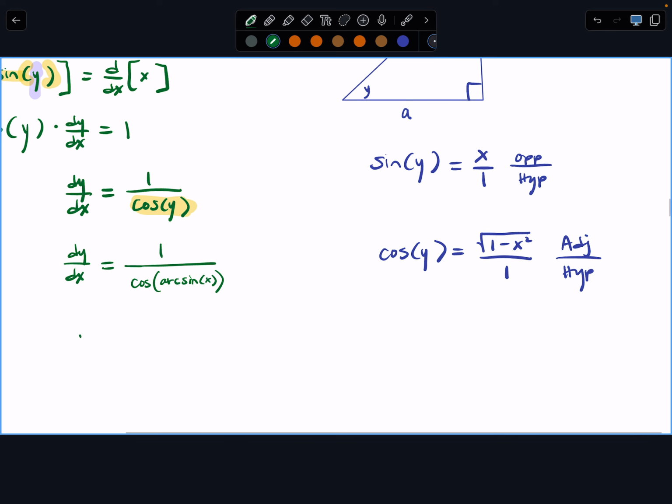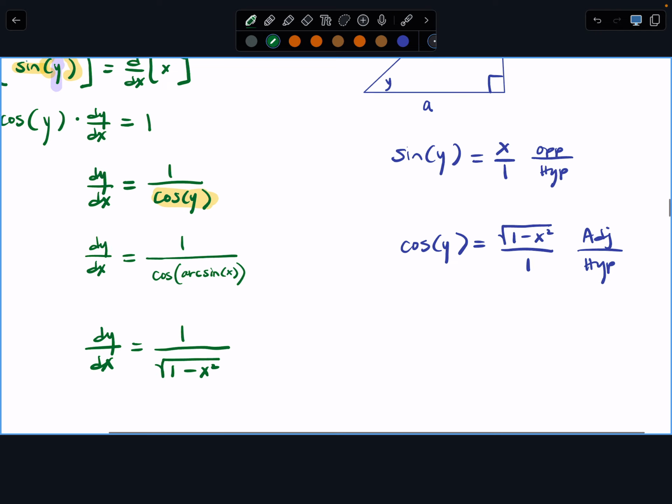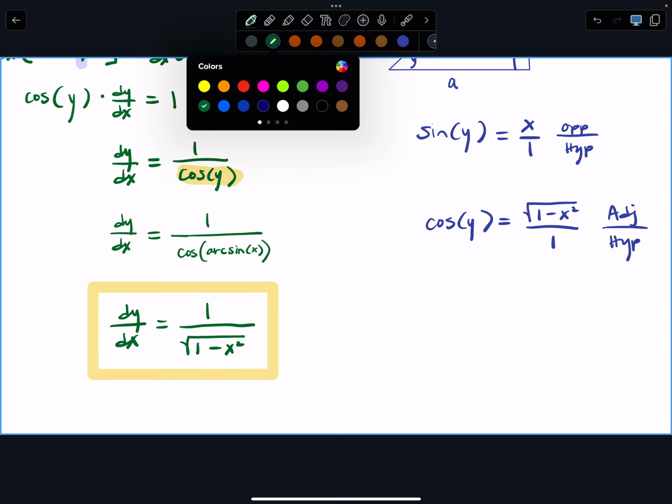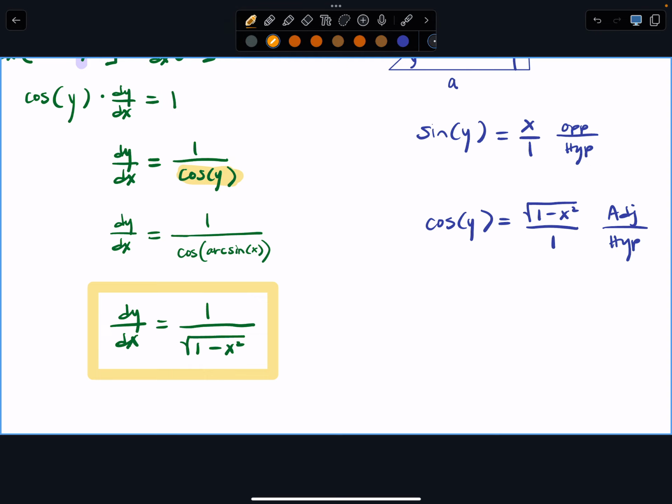So another way that dy over dx can be rewritten would be as 1 over the square root of 1 minus x squared. And this is how we most commonly think about the derivative of arcsine. And this is the formula that I would give you for your assessments. But all three of these statements technically represent dy over dx.